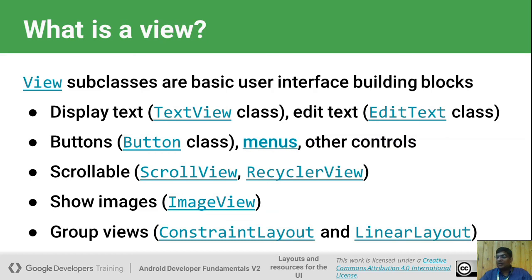Next is the scrollable view: when you scroll your screen, text moves top to bottom and bottom to top, and that is handled by the scroll view. We also have a special feature of Android apps that you see in Gmail and shopping apps: when you scroll your screen, the data changes automatically. That is handled by the RecyclerView.